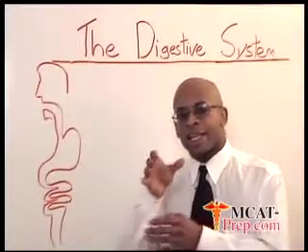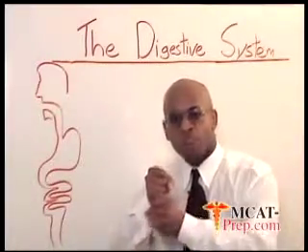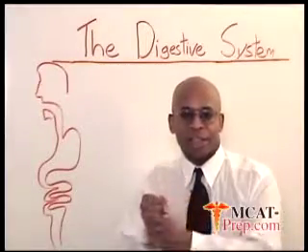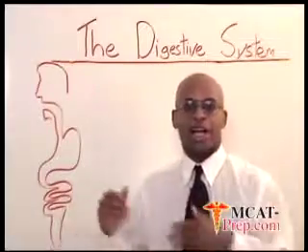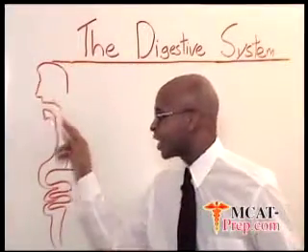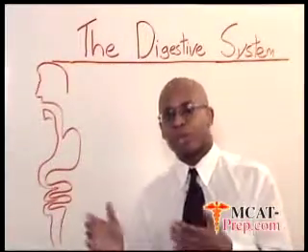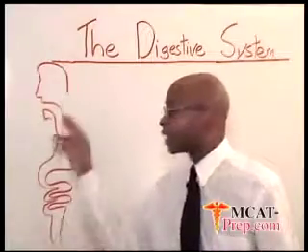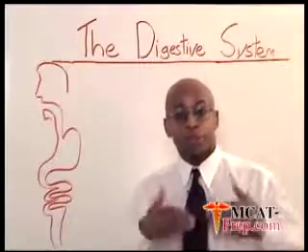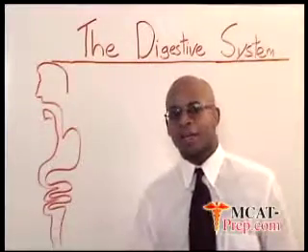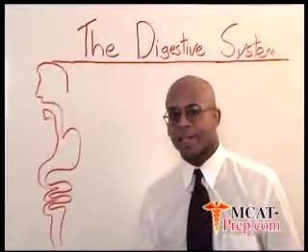Peristalsis is a concentric movement of muscle in which it is squeezed and pushes things along the alimentary tract. That occurs anywhere along the GI tract, not just in the esophagus, but you also have it in the small bowel and the colon to move contents through the GI tract.